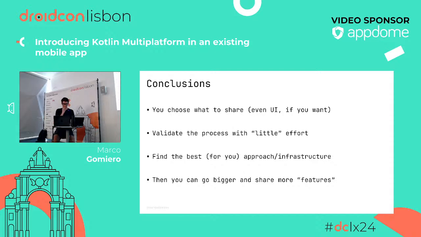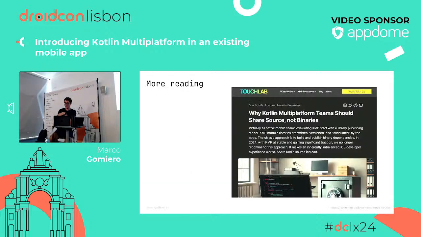So before actually closing, some reading. What I showed you today is how to publish the binaries, and this is the easiest way to start with. But now there's more thinking about whether it's actually the correct way, or if you maybe want to share the source code instead of the binaries, and then have it locally.